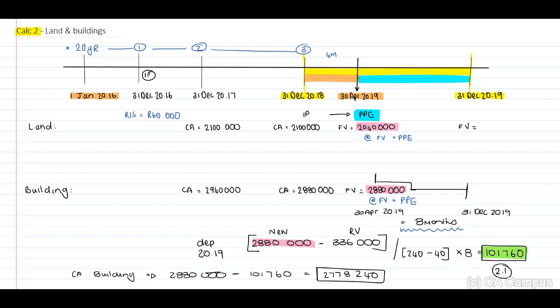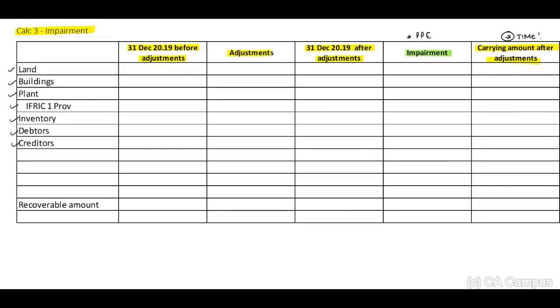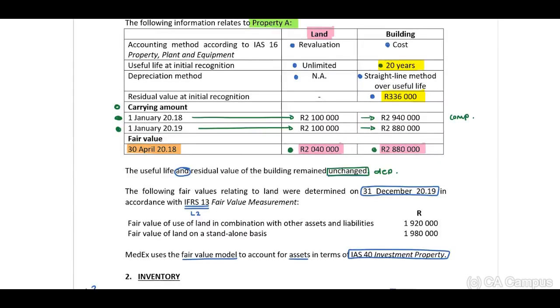Okay, I'm going to transfer this to my impairment calculation. I'm going to reference this calculation 2.2, and I need to transfer this in my buildings column, this is an amount of 2778,240.